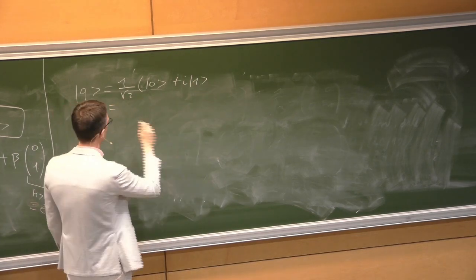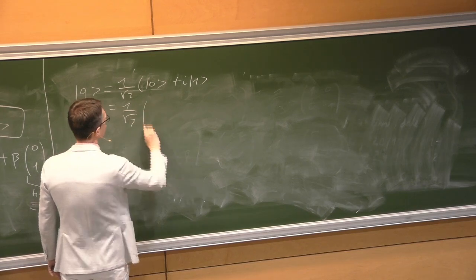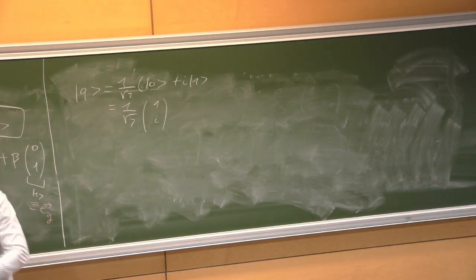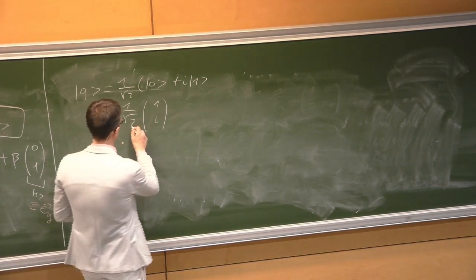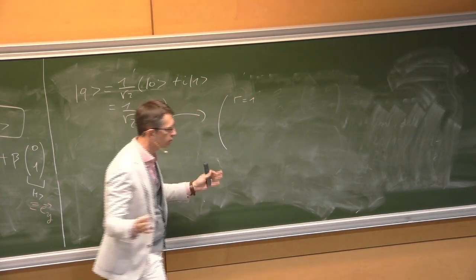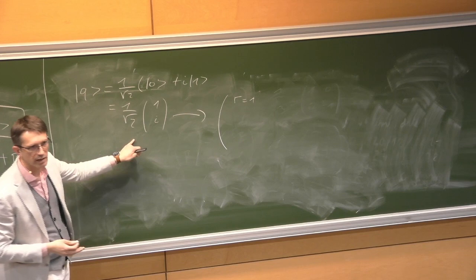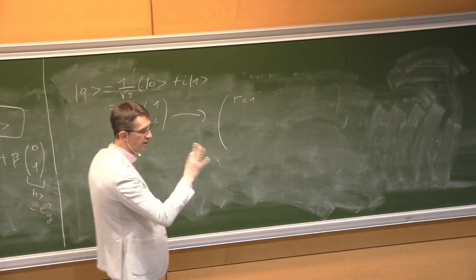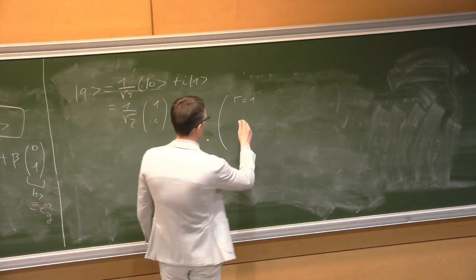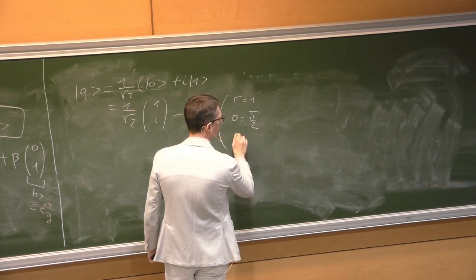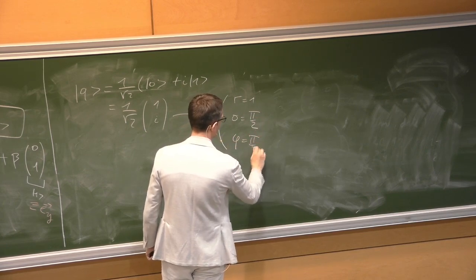That would be 1 over square root of 2 times 1, i in column vector notation. In order to get this, R equals 1, because it's a normalized vector. The R will always be 1 in this Bloch sphere representation. And then theta would be pi over 2, and phi would be pi over 2.